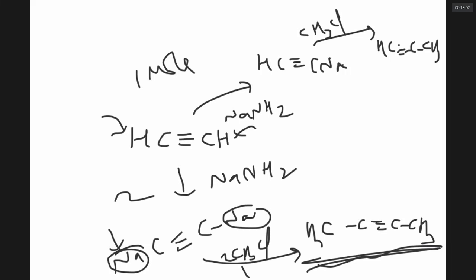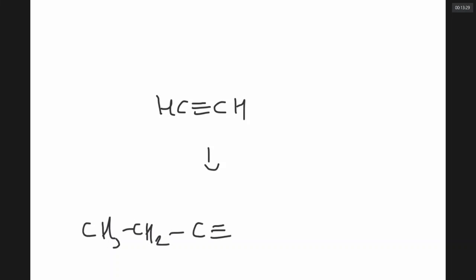So if I want to have this compound, CH3CH2-C≡C-CH2CH3, what should I do? Now I want to prepare 3-hexyne. What should I do? You have not seen the pattern. React with CH3CH2Cl, ethyl chloride.